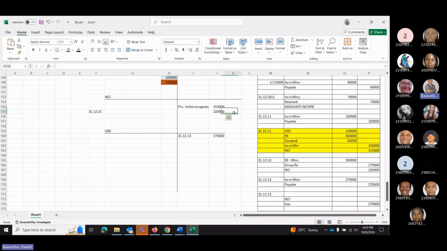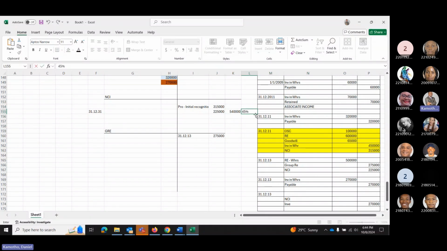Let me put a sum there. We can see that is the NCI. As at that date, NCI represents 540,000. This 540,000 is 45%. So we are saying NCI at this date is 45%, but we want to reduce this NCI to 20%.